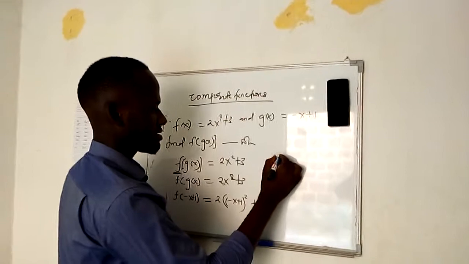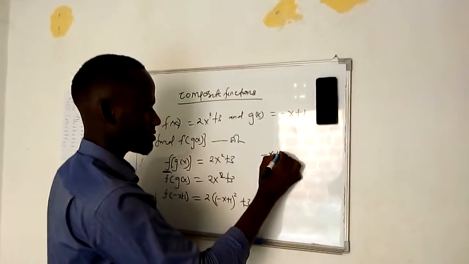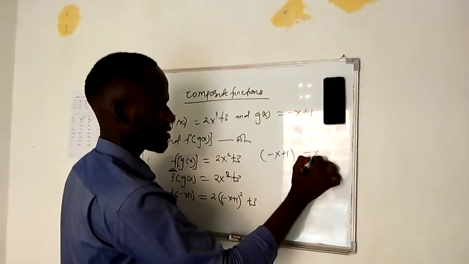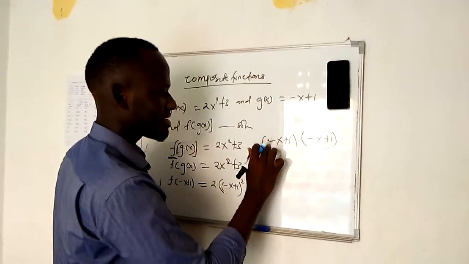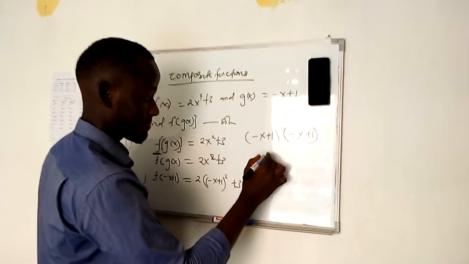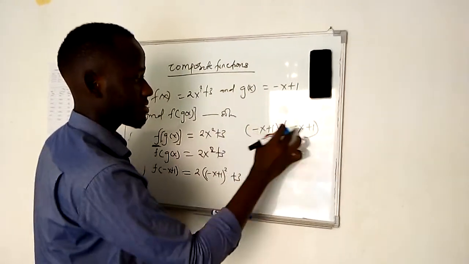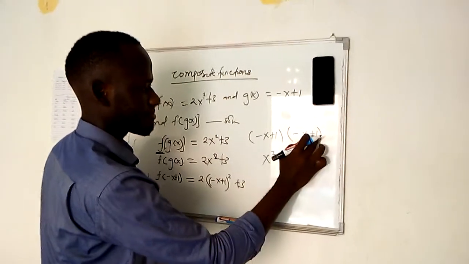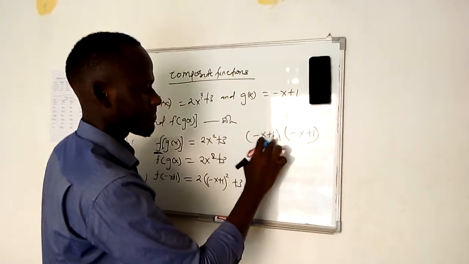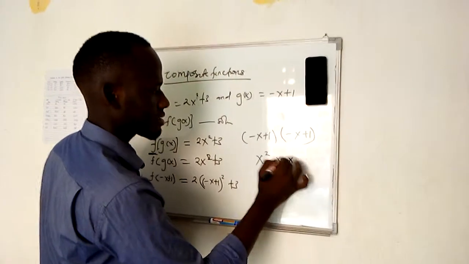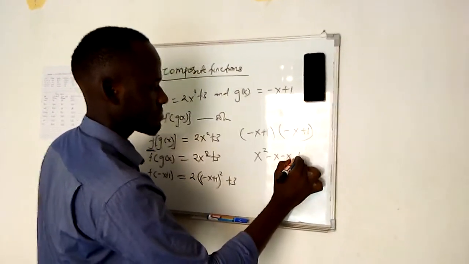So we shall have minus x plus 1 and minus x plus 1. Minus x times minus x, a negative times a negative, stays a positive, x squared. Then minus x times 1 is negative x, then 1 times minus x is also minus x, and 1 times 1 is plus 1.